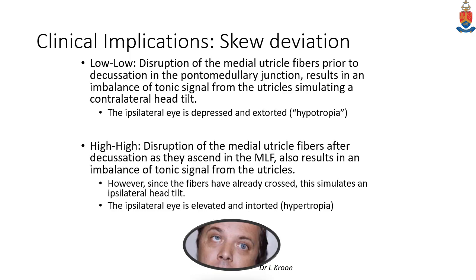So it will feel like an ipsilateral head tilt. So in this case of a midbrain lesion, the high eye is on the side of the MLF deficit, indicating a high lesion. So this principle that I'm describing now is very complicated to understand, and you will not be tested upon it.